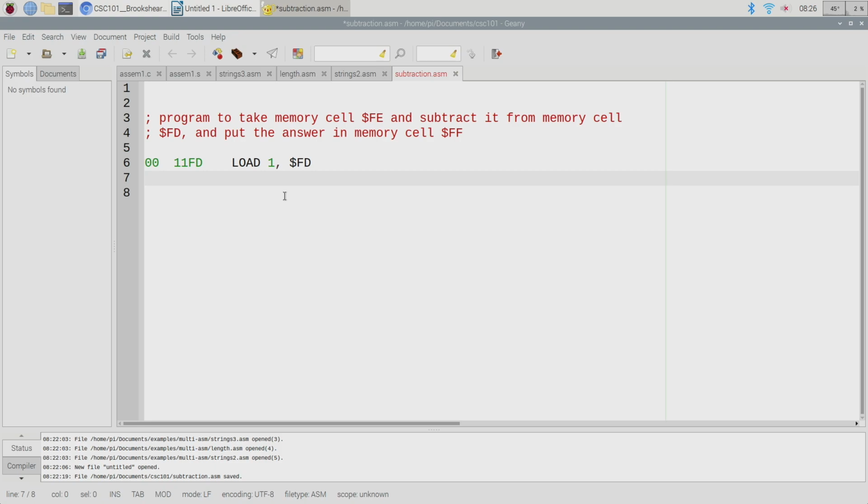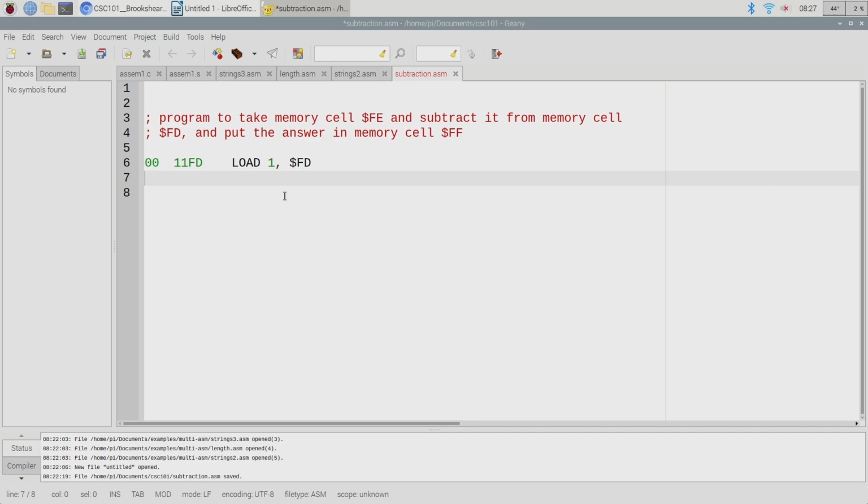They have to go in 00, the first one. The second column, where I've got 11FD, that's the actual instruction, encoded for this machine. And then the third column is the assembly code. That's just sort of the human readable part. And then if I want to put comments, I could put those in, and that would sort of be the fourth column, if you will.